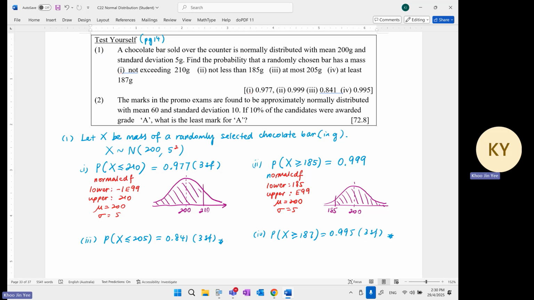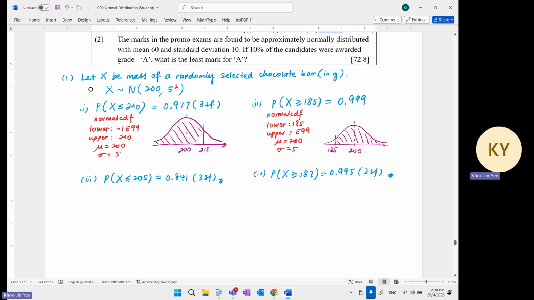Now, let's take a look at number 2. The marks in the promo exams are found to be approximately normally distributed with mean 60 and standard deviation 10. So for question 2, same thing, I'm going to let X be the marks in the promo exam.